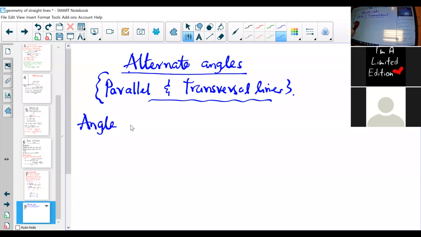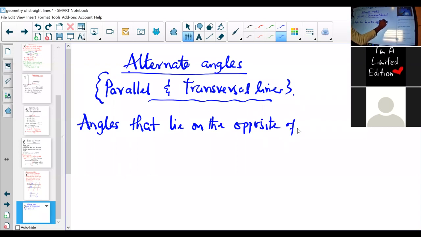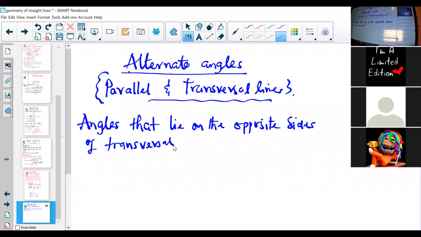Angles that lie on the opposite side of your transversal. Remember, the corresponding, we said it lies on the same side.